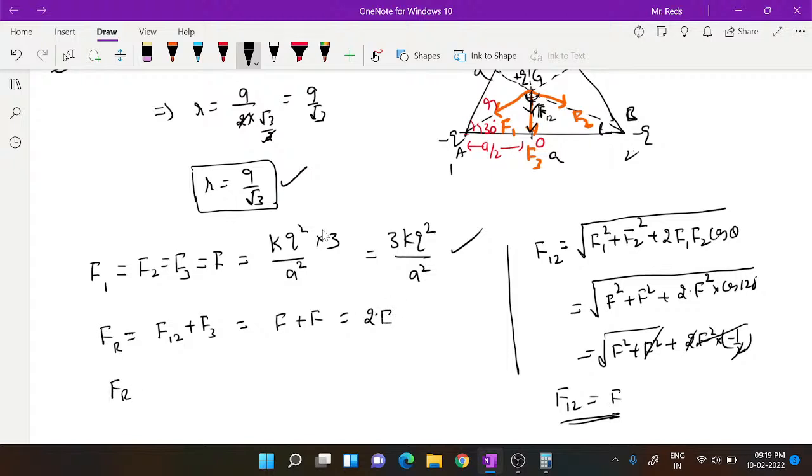So the resultant force is equal to 2 into F, and F is equal to 3 into k q square by a square. So 6k q square by a square.